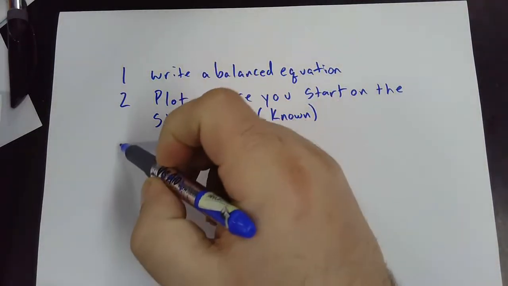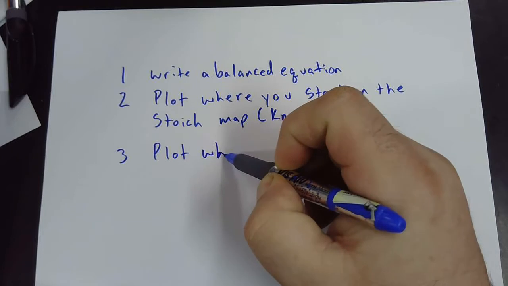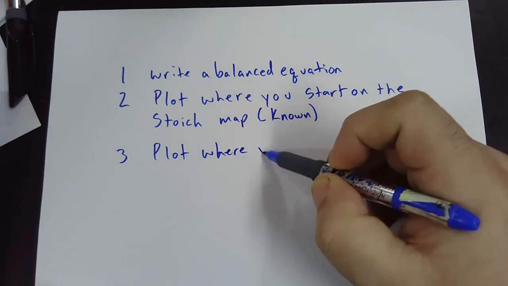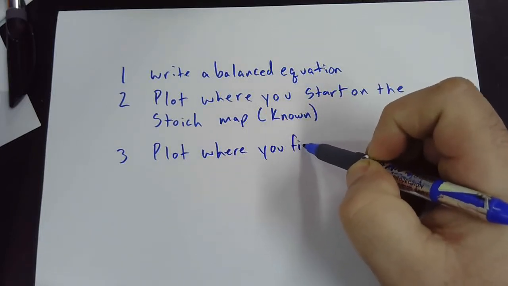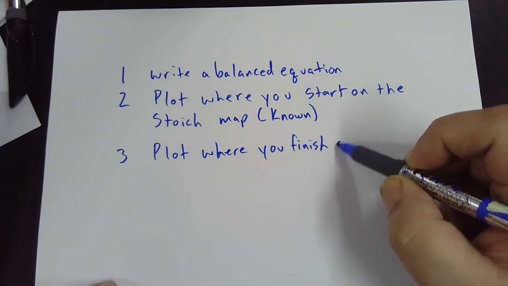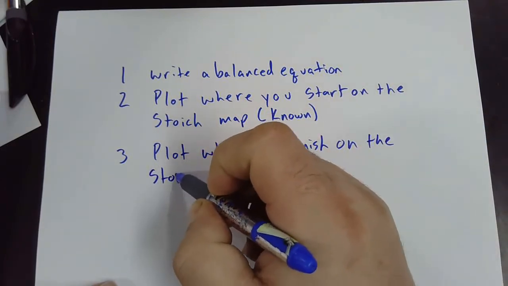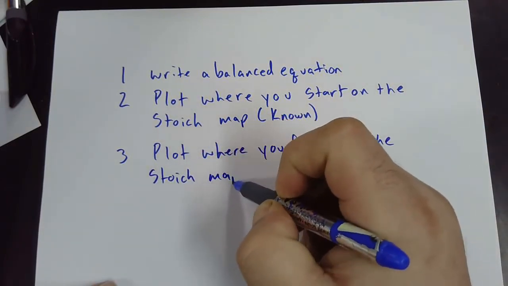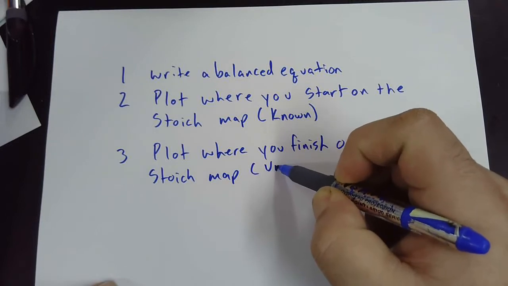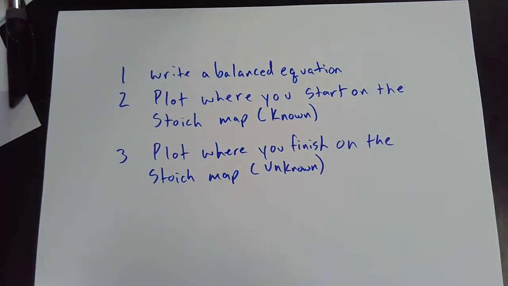Number 3 is to plot where you finish on the Stoich map. You're going to end up in your unknown. So what is the finish?